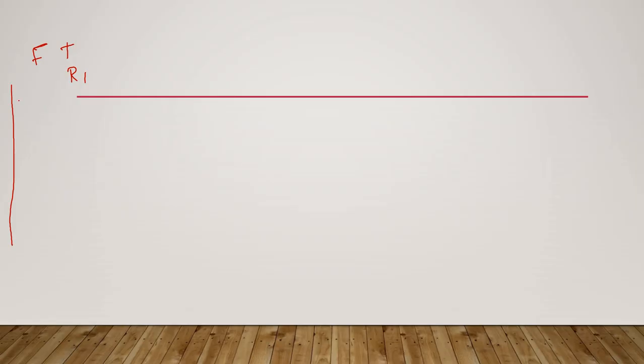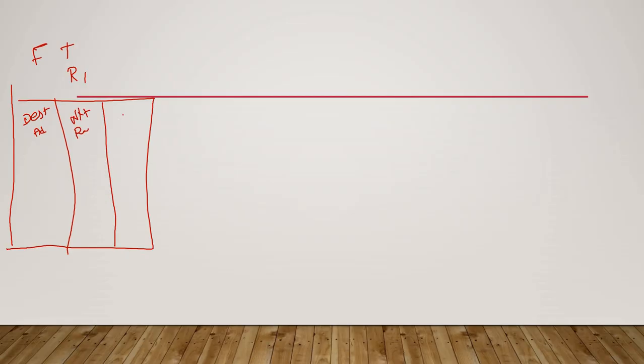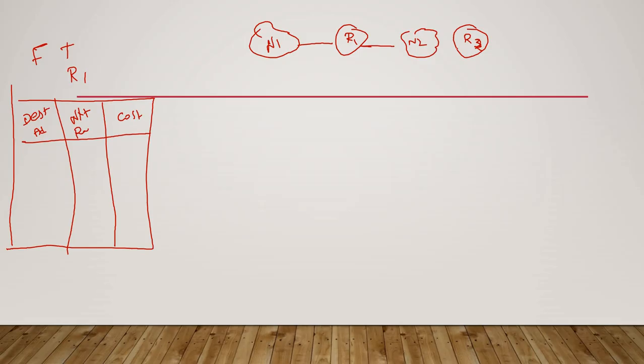For router 1 there are three columns: the first one is the destination address, the second one is the next router, and the third one is the cost or metric. For router 1 we are just calculating, using the same diagram.